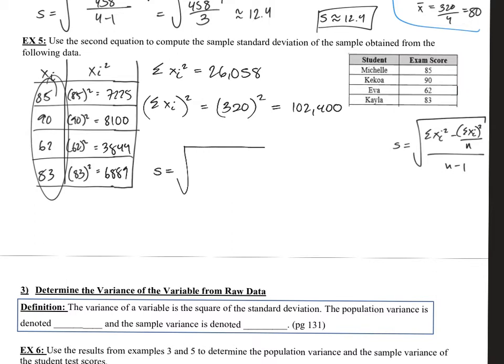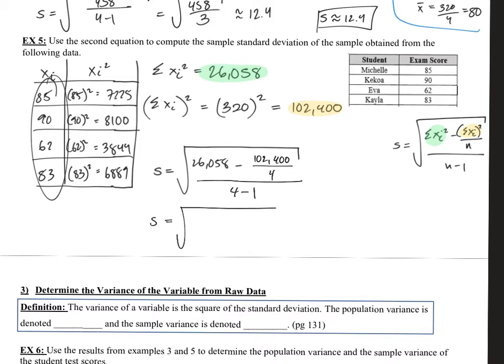So that's going to be the square root of the sum of xi squared, which is this value right here, 26058, minus my sum value squared, which is going to be 102,400, divided by n, which is 4, because remember we have 4 items, 4 observations, all divided by 4 minus 1. Okay, let's see how we can simplify this.